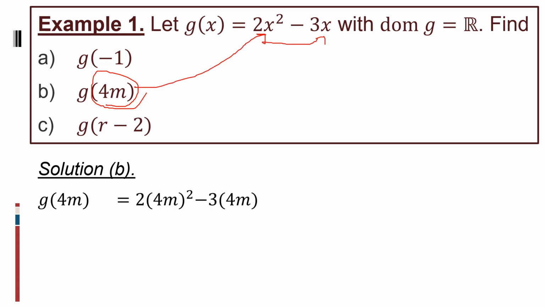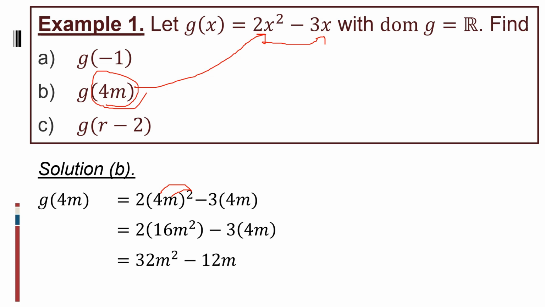So we have g of 4m equals 2 times 4m squared minus 3 times 4m, or that is 2 times, so distribute natin yung squared doon sa dalawa, we have 16m squared, then minus 3 times 4m. By multiplying, that is 32m squared minus 12m.